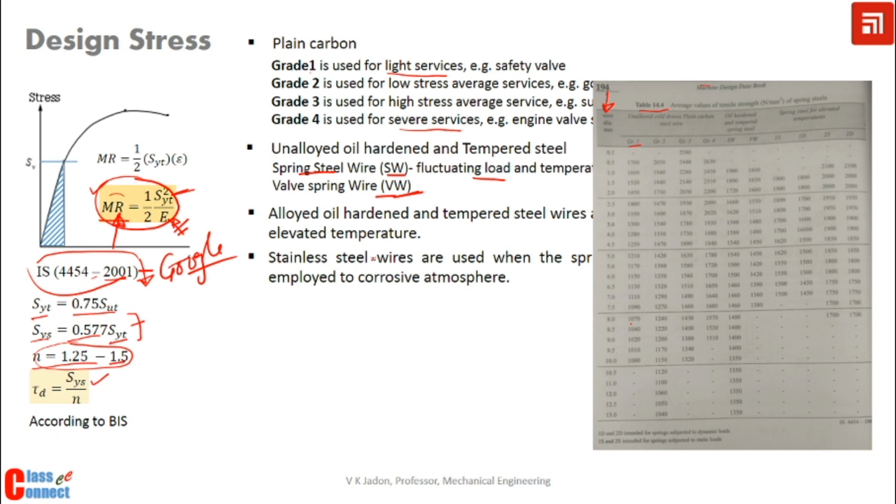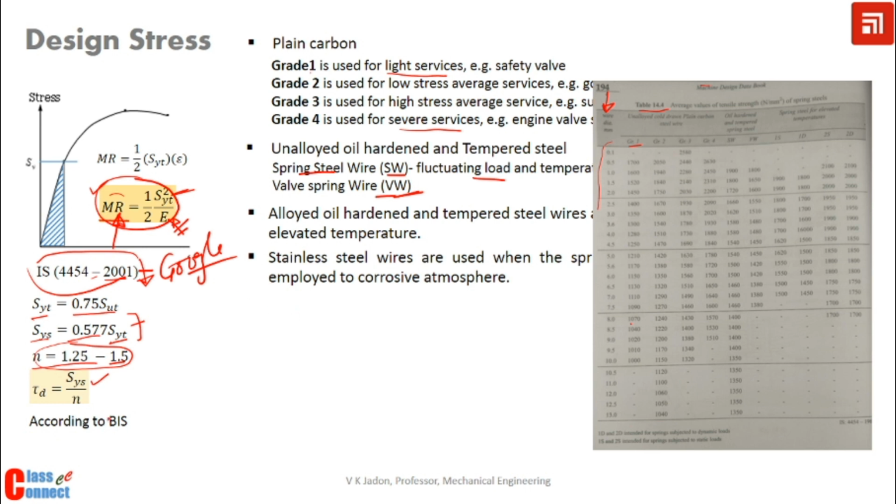This is because we have tested spring wire for the different sizes of spring wire. It is not the general material we have tested. We have SUT for different wire sizes. The actual wire is tested. When we test the actual wire which is to be used for manufacturing the actual component, in that case the lower factor of safety can work.